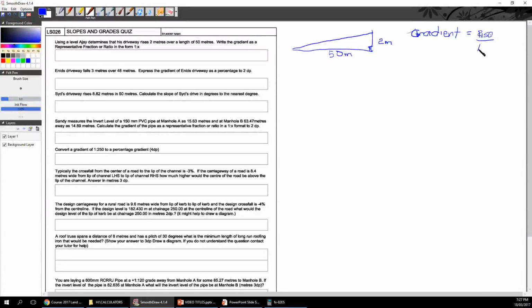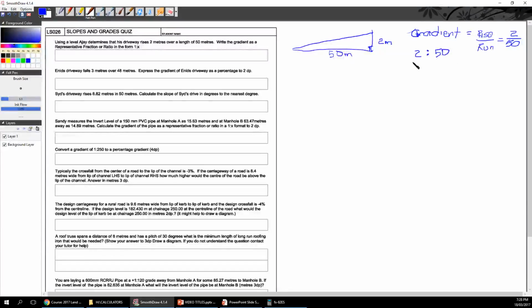That equals rise 2 meters, run 50 meters. Now, we've been asked to put that as a representative fraction. It's just a matter of writing it like this, 2 to 50. The little dots represent the ratio bar, and it's a way of writing it.